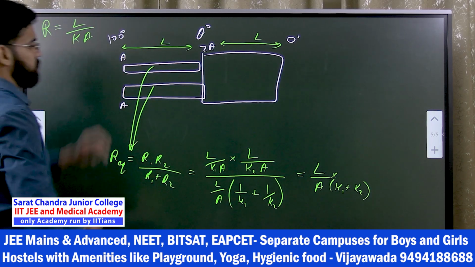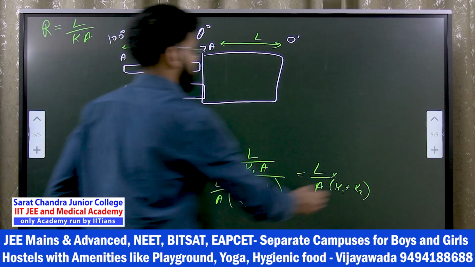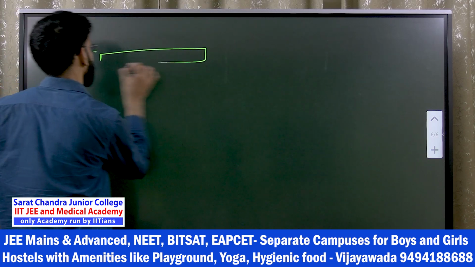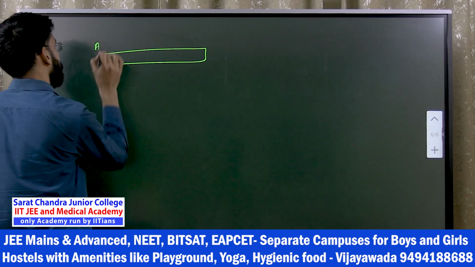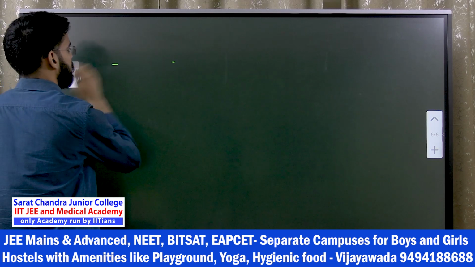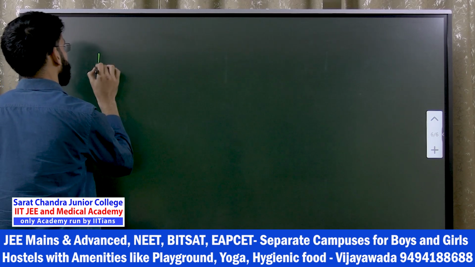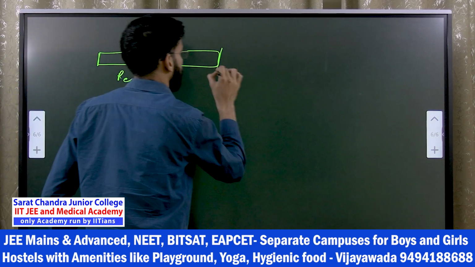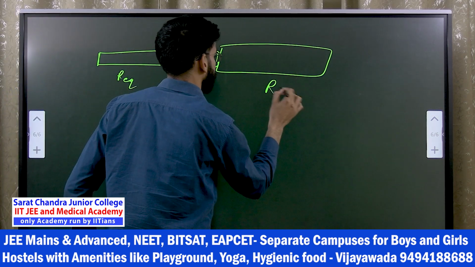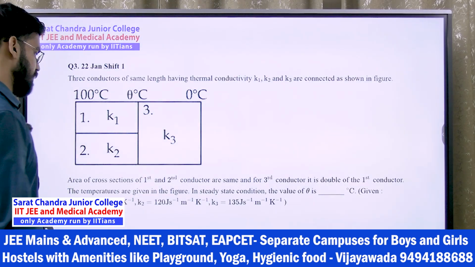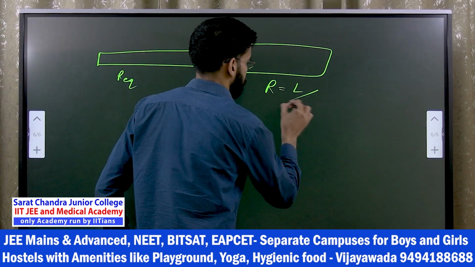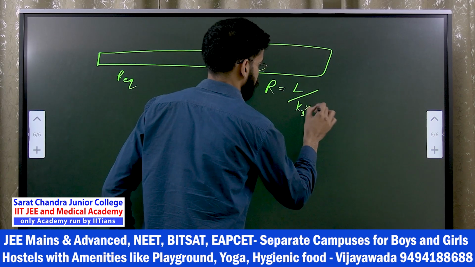Now this came for this, so now we have a new system. Just see like this, we have one whose area of cross section is A, leave it, we don't need it now. We have R equivalent here, and we have one R here. What is the value of this R? I can say L by K, so L is L only, K is K3 and area is 2A.